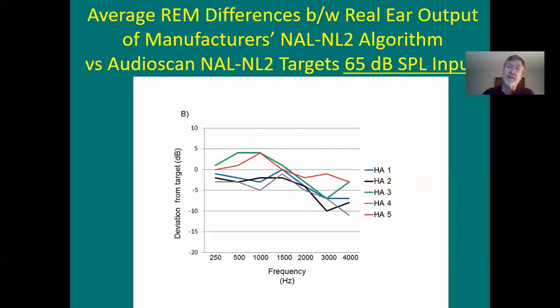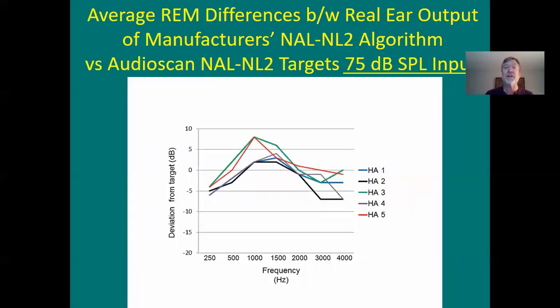Here the differences are a little bit less, but they still appear among the different manufacturers. And here's for 75 dB SPL inputs, for louder inputs. Rather interesting. Again, the manufacturers seem to be more in agreement in the mid frequencies.